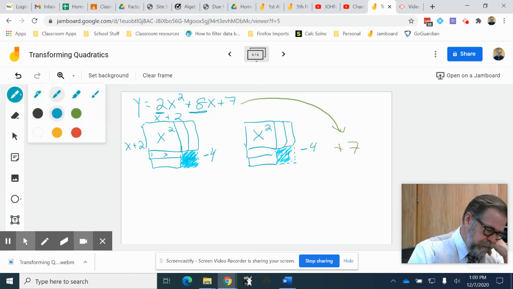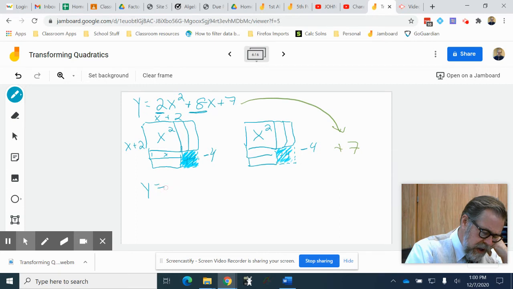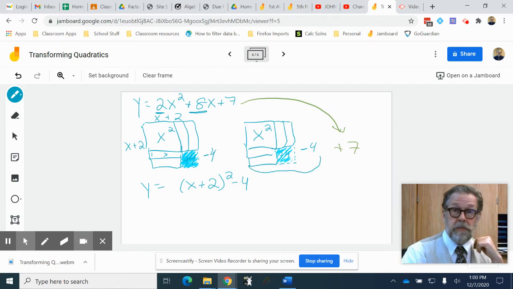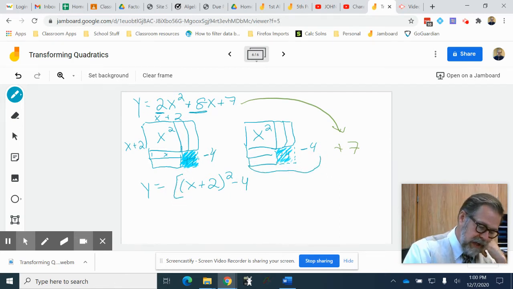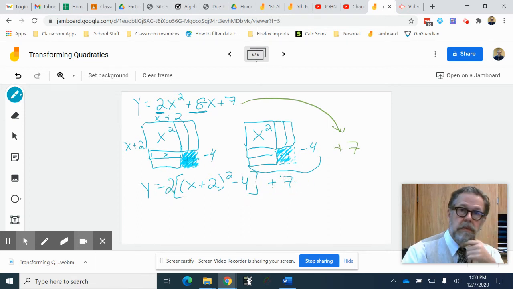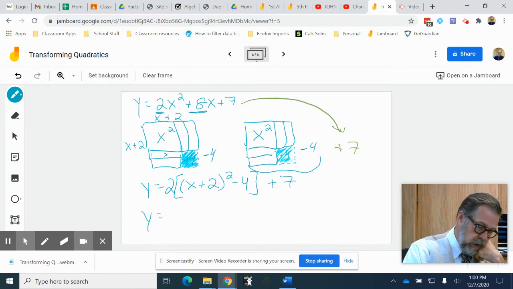So what have I got? I've got y equals, well, this is (x plus 2) squared minus 4. And over here, I've got another (x plus 2) squared minus 4. In other words, I got 2 of those. And I got a plus 7. Doing a little quick simplification, I've got 2 of these squares.